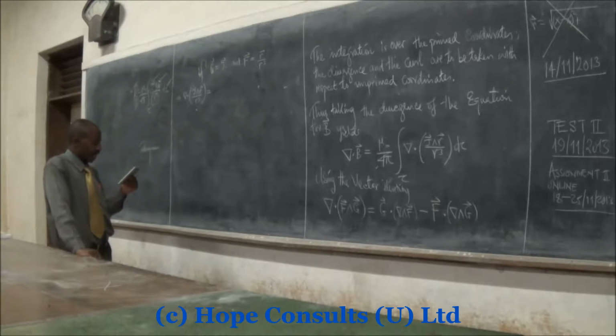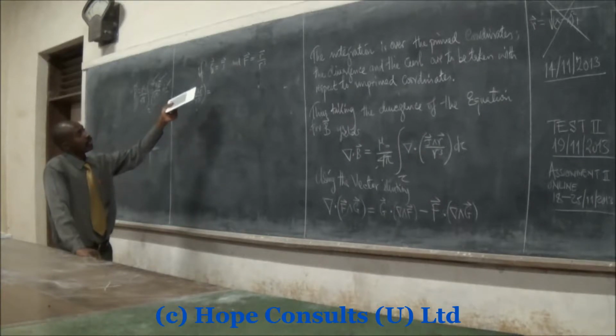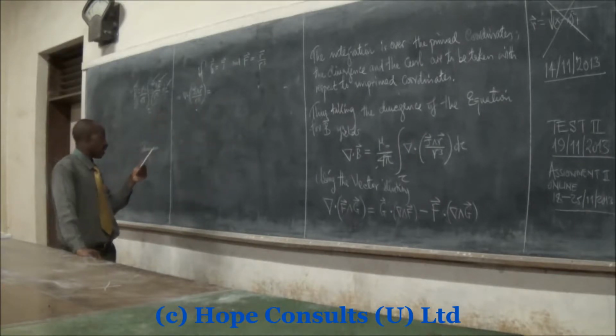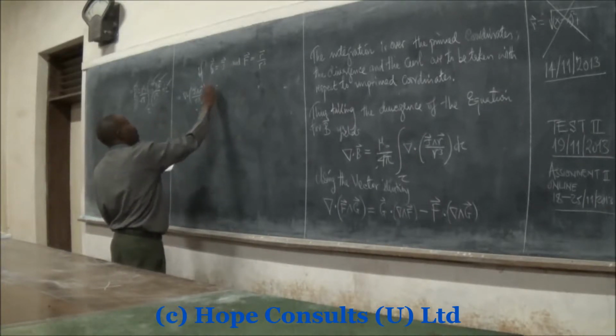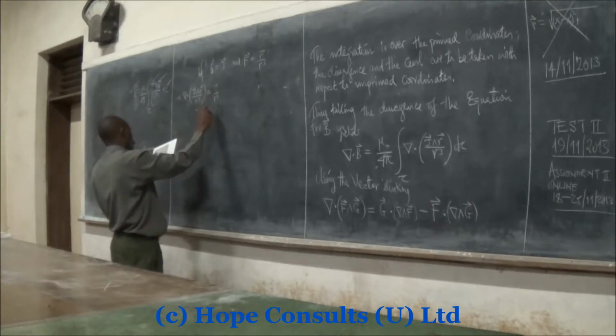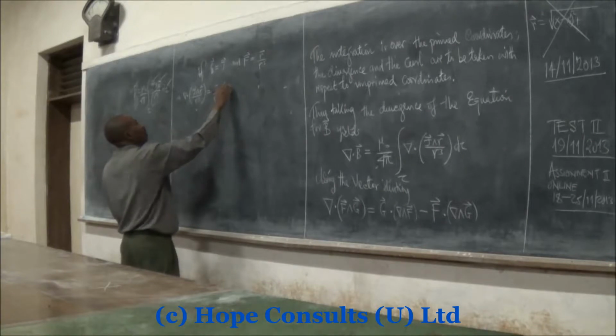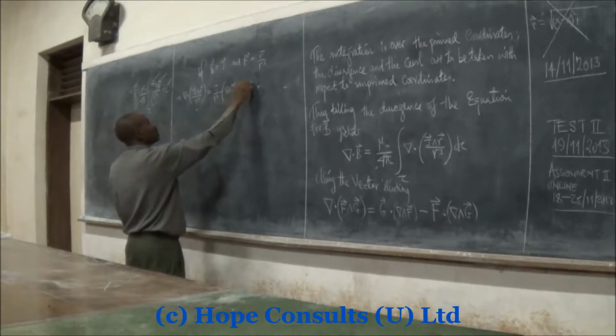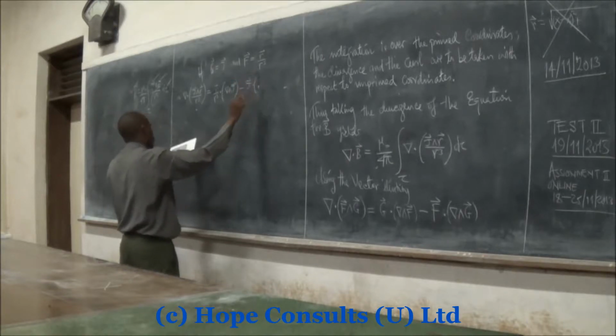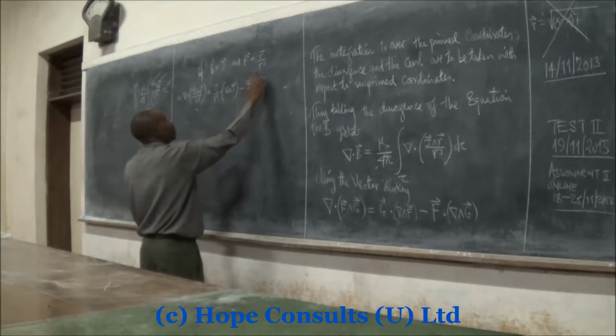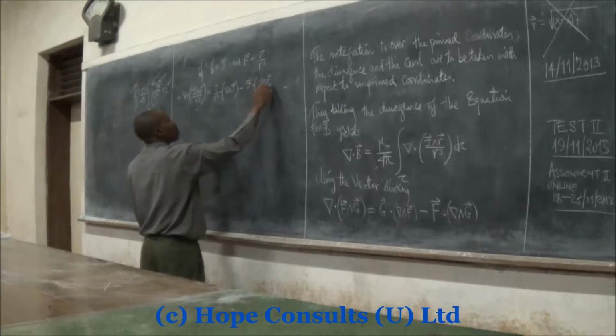So if that is the case, it's a reverse, because what I got here is R over R cubed dot J minus J dot the curl of R over R cubed.